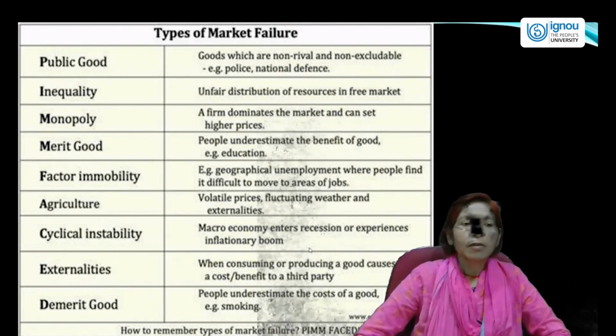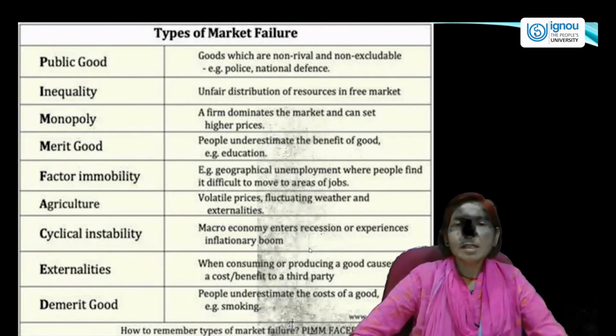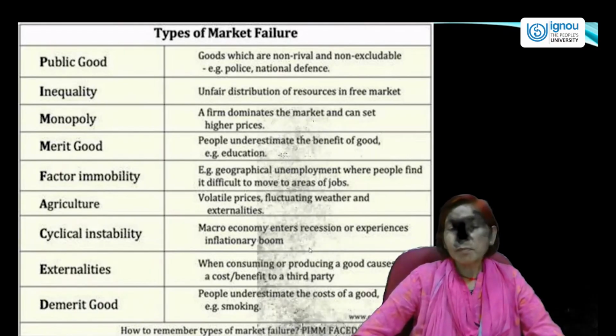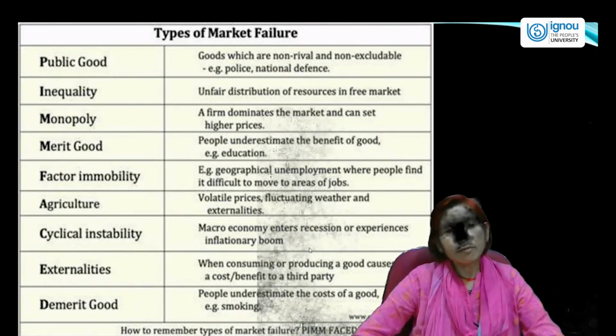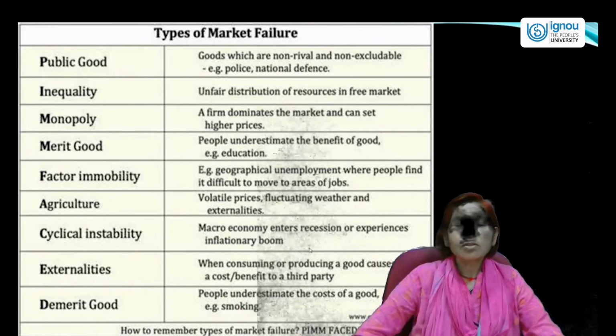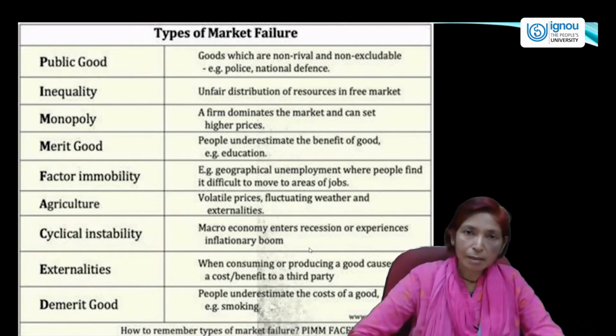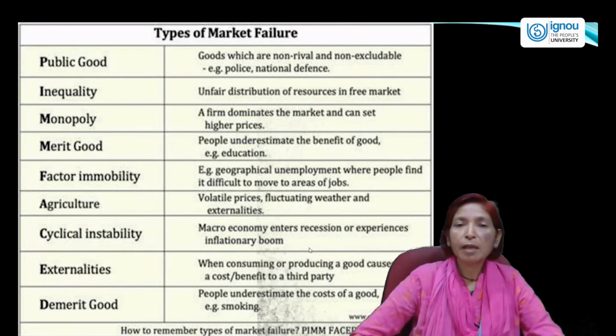Next is factor immobility. You know that factors are immobile, not perfectly mobile. For example, geographical unemployment, where people find it difficult to move to areas with jobs. In India at present, 70% of people live in rural areas and 30% live in urban areas.